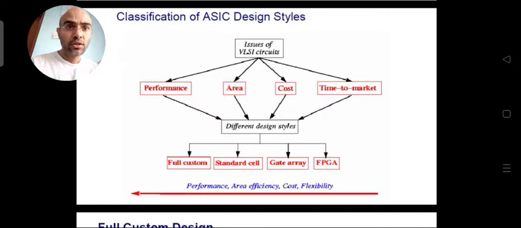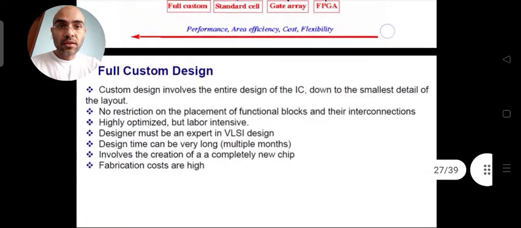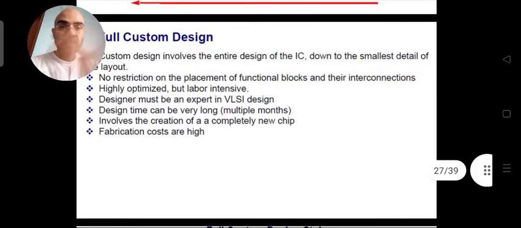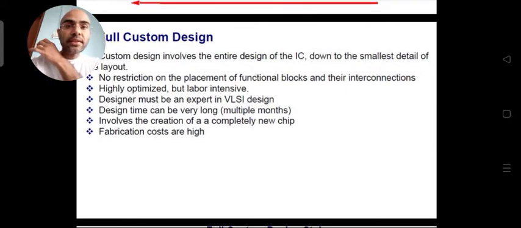The area efficiency will also not be that good, but the cost will be reduced, and you will have the flexibility that if you want to use the same cell for other applications, you can. So there is a compromise, a trade-off between them. You don't get everything good in a particular approach or design style. If you get one thing good, then the other thing becomes poorer.